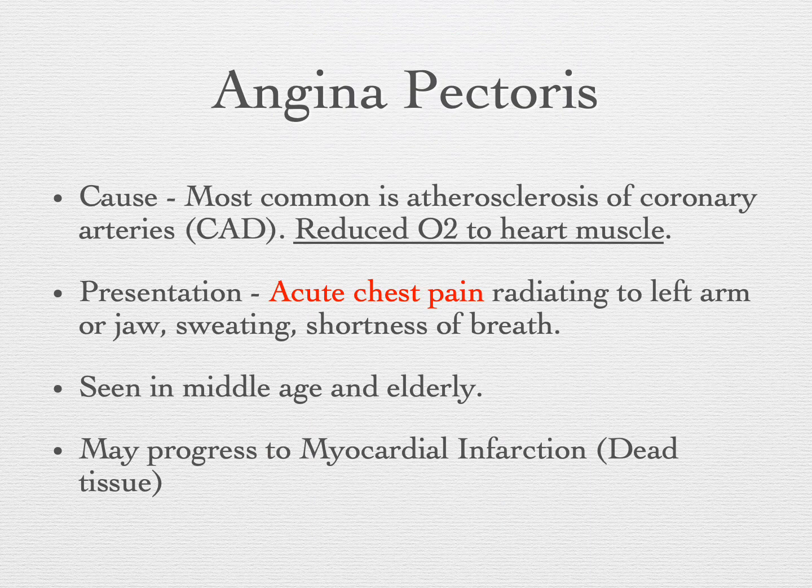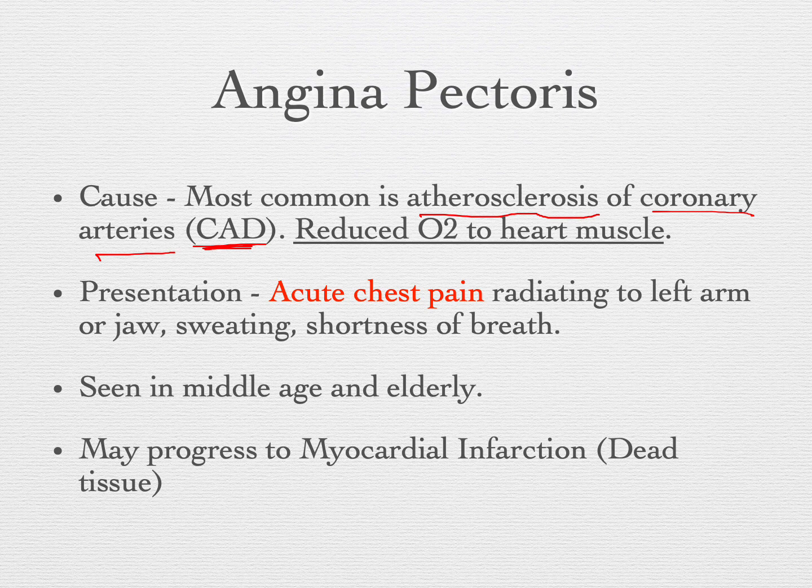The next condition that we will be discussing today is angina pectoris. So as mentioned earlier, the most common cause is atherosclerosis of the coronary arteries in a condition known as coronary artery disease.